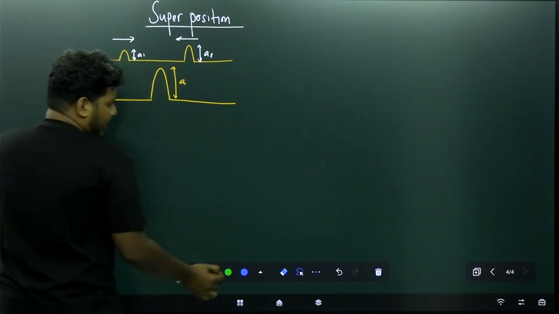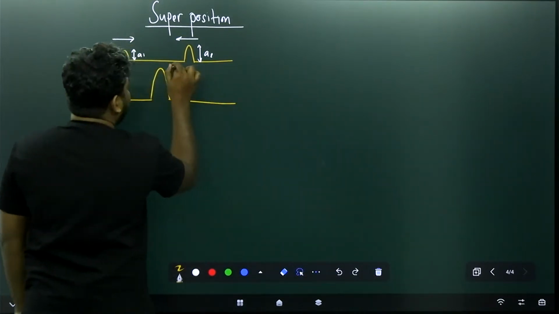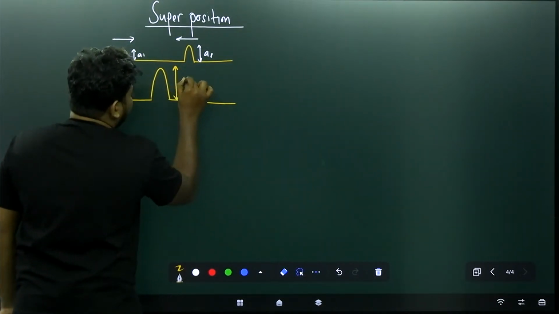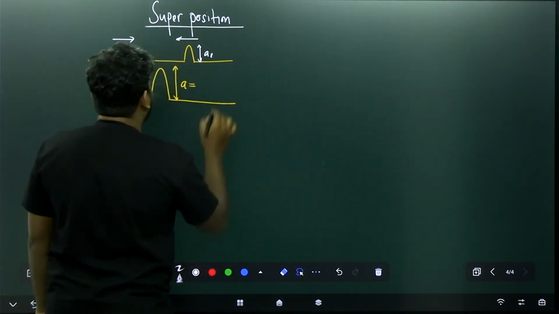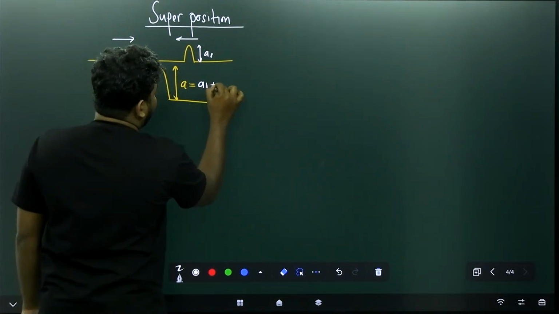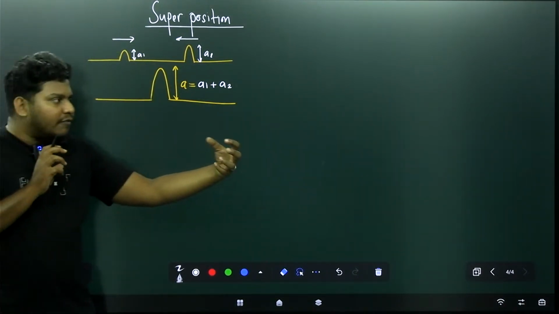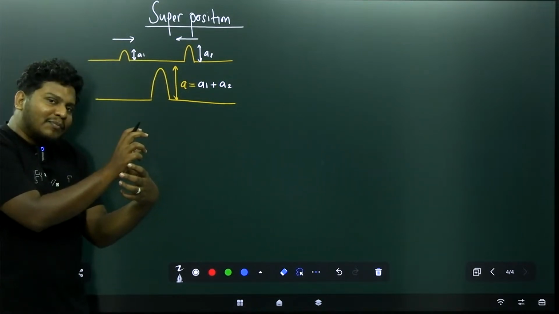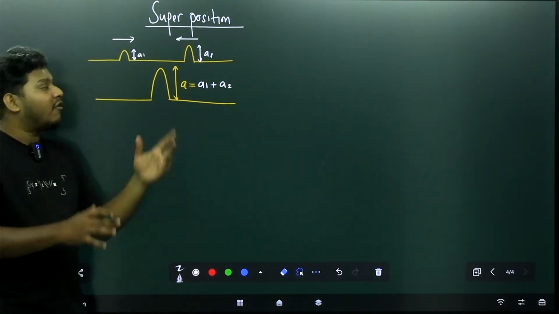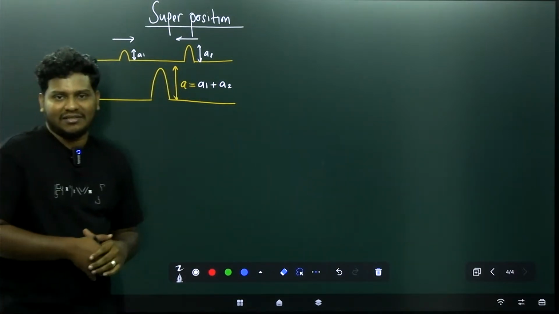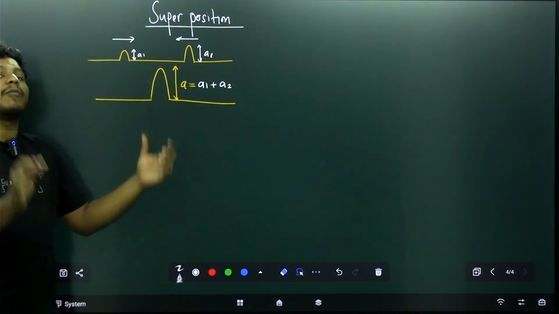Let's say the amplitude is A. We can say that A is equal to A1 plus A2. When both pulses are meeting, the amplitude will be the algebraic sum of these two amplitudes. This is known as superposition.